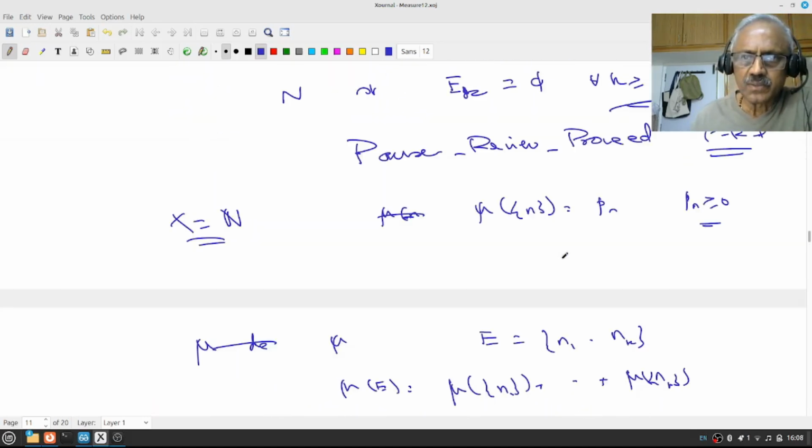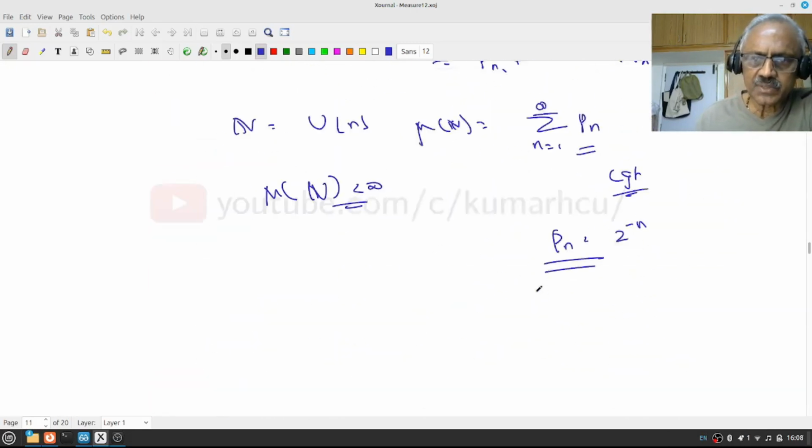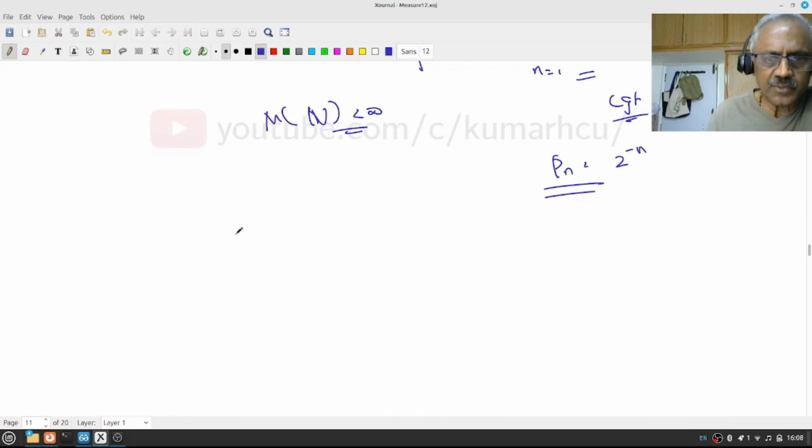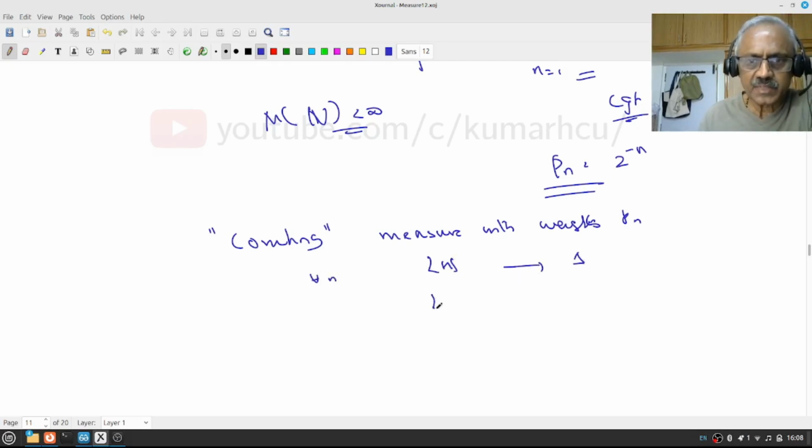The first one is called counting measure. This one is called counting measure with weights, that is, each singleton {n}. Earlier I counted it as 1, a uniform weight, whereas now it's not uniform.